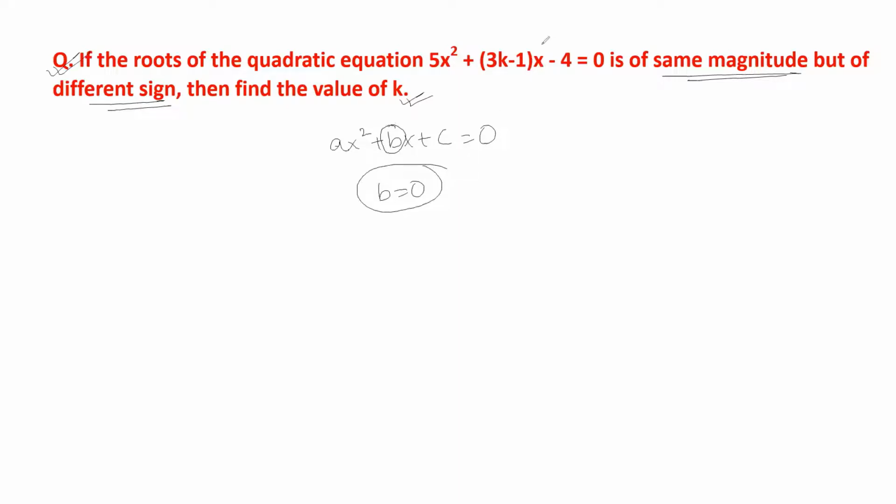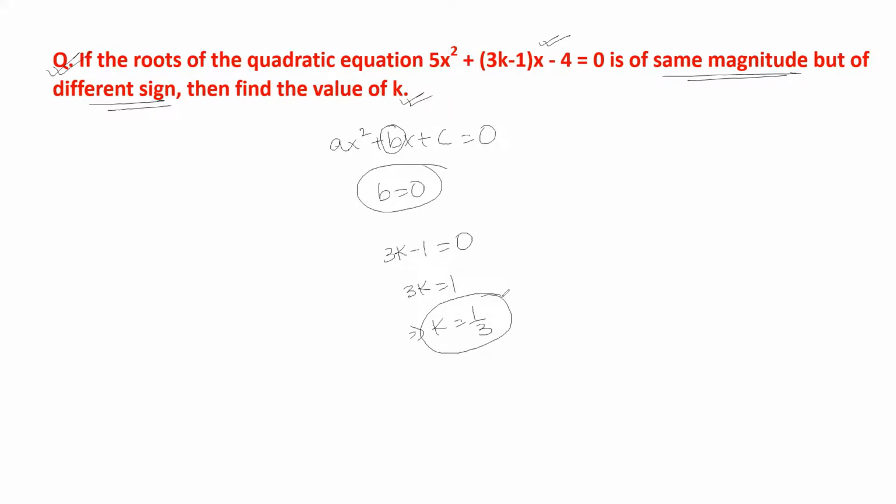In a similar way, for this quadratic equation, if the roots are of the same magnitude but of different sign, in that case the coefficient of x would be 0. So that means 3k minus 1 would be equal to 0, which would give us 3k equals 1, or k equals 1 by 3.